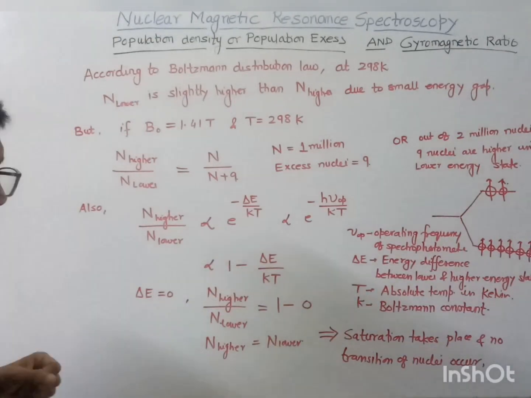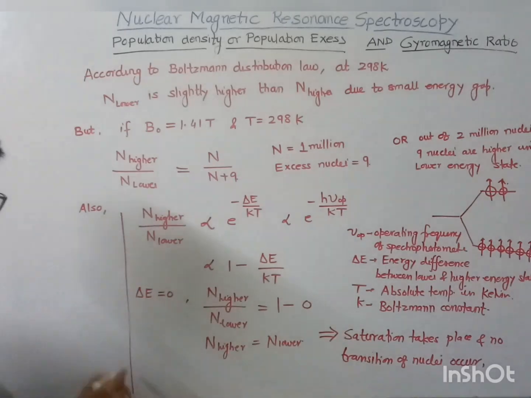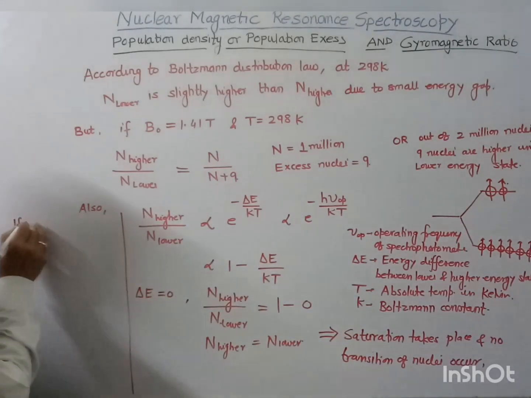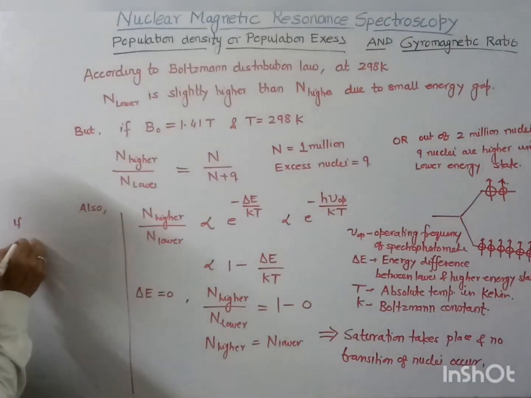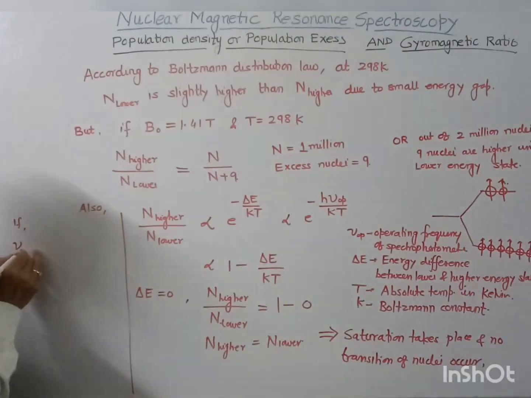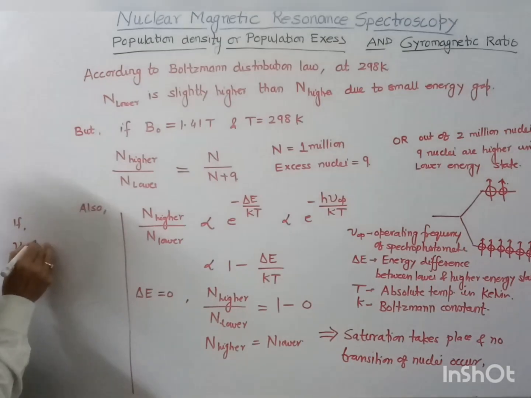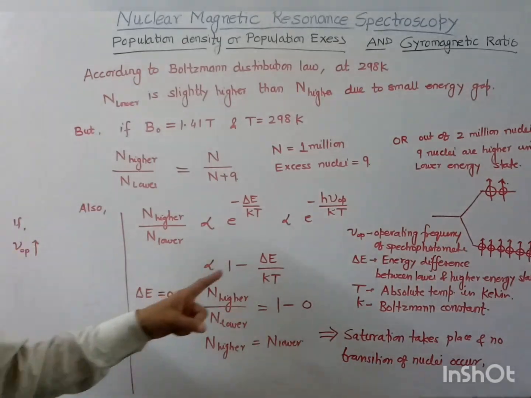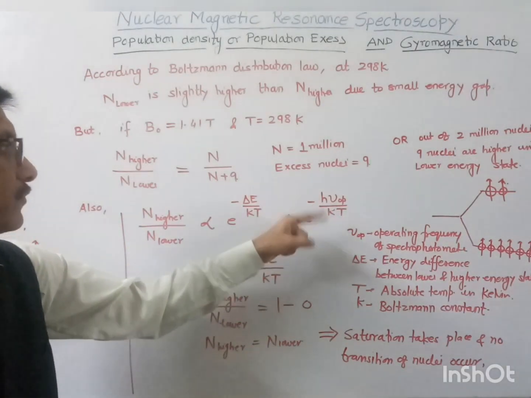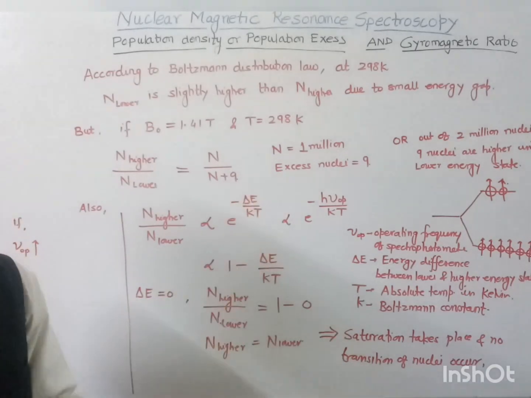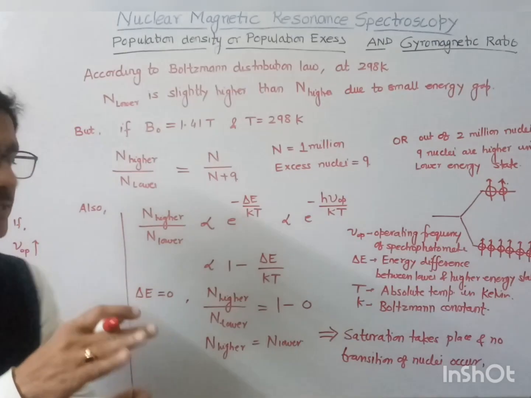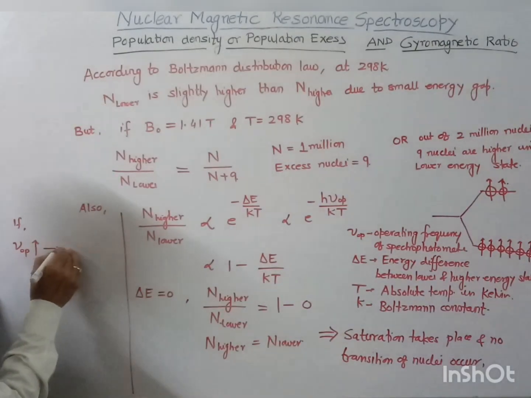Now suppose the operating frequency increases. What will happen if we increase the operating frequency? After increasing the operating frequency, the delta E, the energy difference between two states, will also increase.